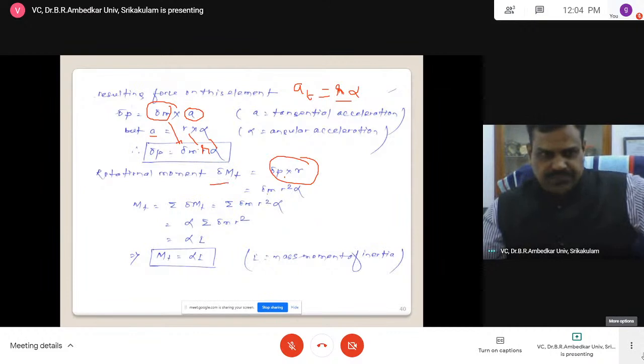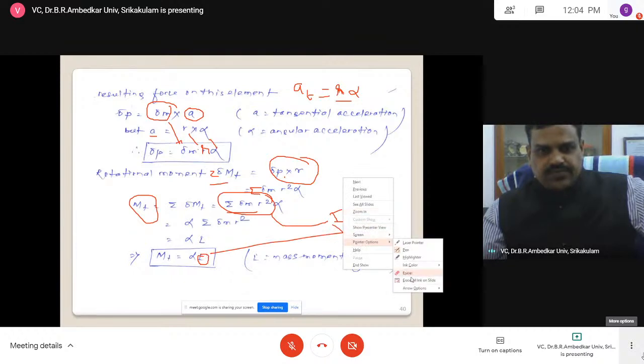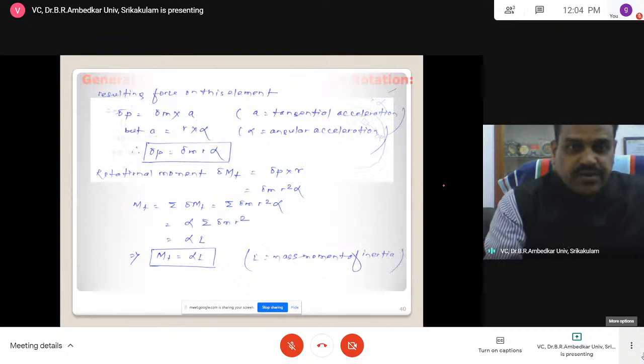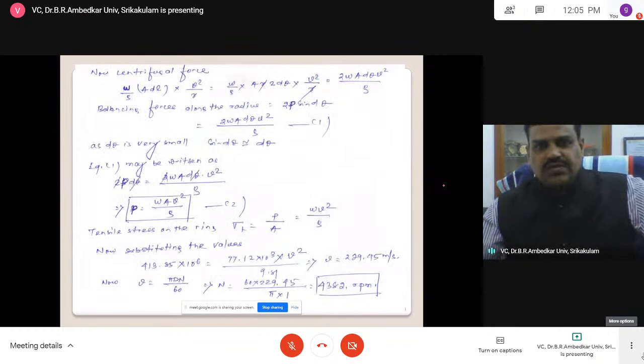This is the moment. Now the total moment is equal to the summation of all the moments, that means add this summation. That is equal to the total moment, and this is the mr square. That is the mass moment of inertia. See, that's the expression, and find out the expression. This is what we can find out for the given situation of the system.